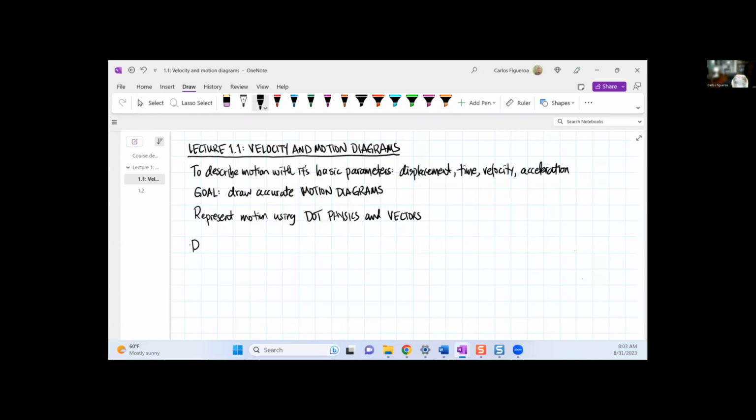So by definition, we define speed as a measure of how fast something moves.